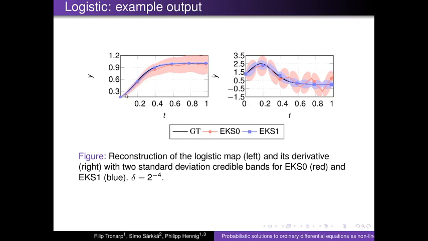And so we see here's the solution. The EKS1 looks quite good. EKS0 looks a bit worse, but fairly good as well. And here for the derivative. And since we're doing linear interpolation here, we can see that we used a once integrated Wiener process prior, or a once differentiable process at least.